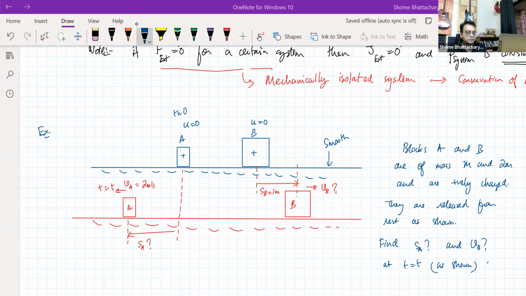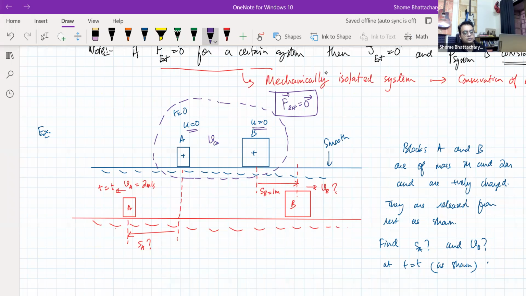Okay, so let's work this out. What we have to understand in this question is that this is a mechanically isolated system, right? On this system, the net external force is 0. So that means the momentum of the system is conserved. Now, what about the momentum of the system? Here, both the bodies are at rest. So what is the center of mass doing?